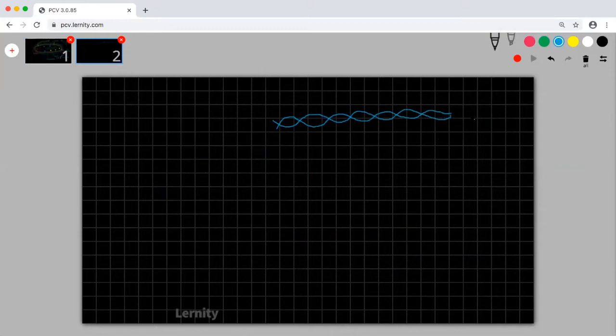DNA is like a thread, which is loose. Chromosome is like a ball of thread that is packed.